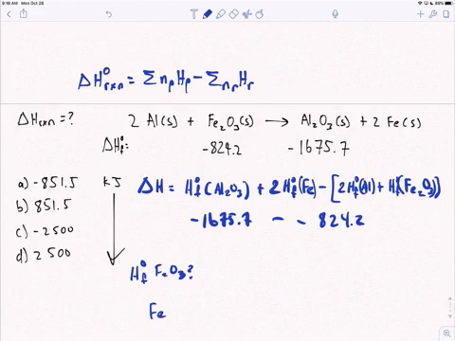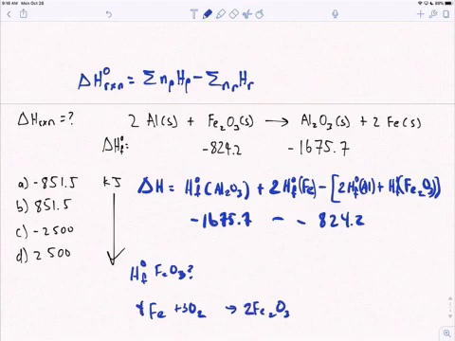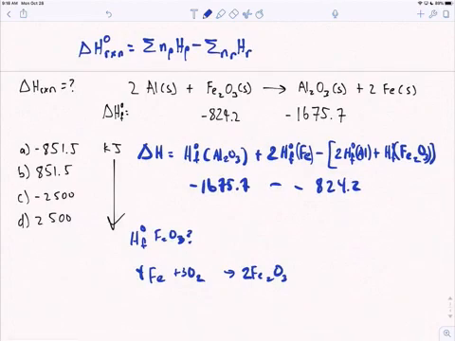If you take iron, 2 irons plus oxygen, and it's exothermic.